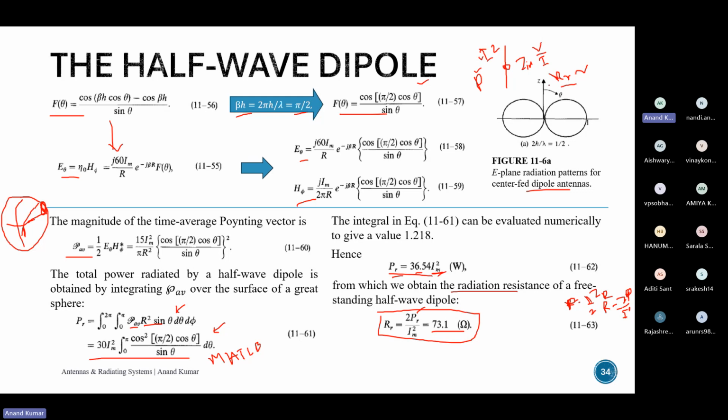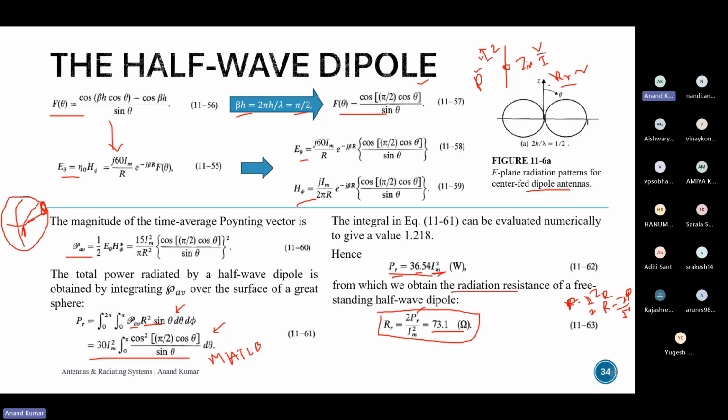For example, if you are told the radiation resistance of this antenna and the amount of power that you want, you can calculate the amount of current that you need to feed to the antenna to achieve that power. That is the importance of radiation resistance: it is a parameter of the antenna which can be used to get the amount of power that you want based on the current that you give into the antenna.